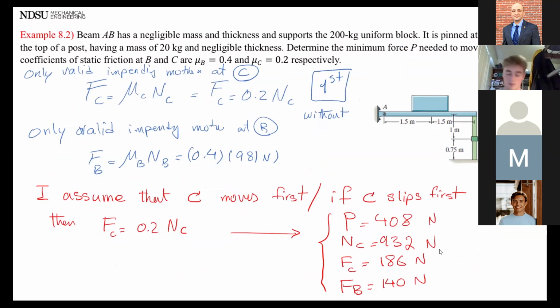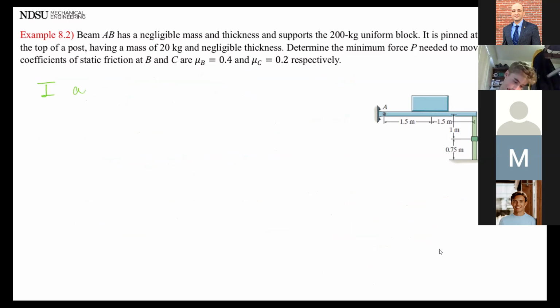Then let me change the color. So second, you are going to consider this one without the FC equals MC NC. Only this equation, okay? Which I think is going to be 392.4 newtons. Okay, so then you write, I assume now that B moves first.